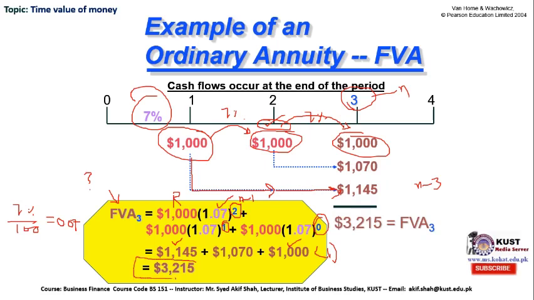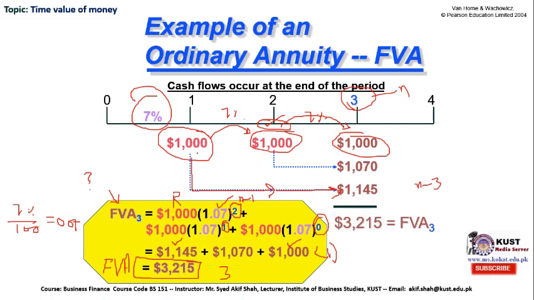So by using the formula, with the help of simple mathematics, we reach the conclusion that the future value of this ordinary investment opportunity in the bank account will give us $3,215 at the end of the third year, because we have 3 accounting periods of investment, and this investment will increase to 3,215.